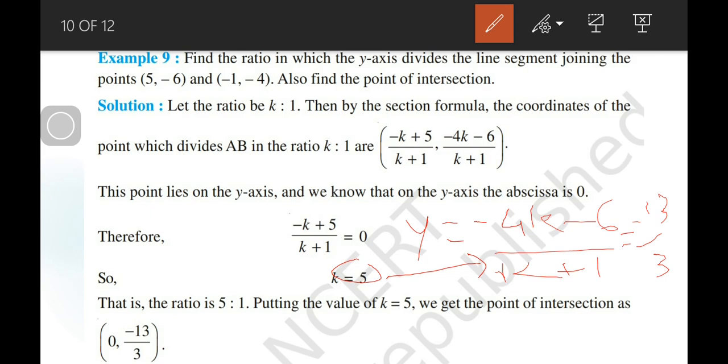So the intersection point (x, y) is (0, -13/3), because here the x coordinate is 0.